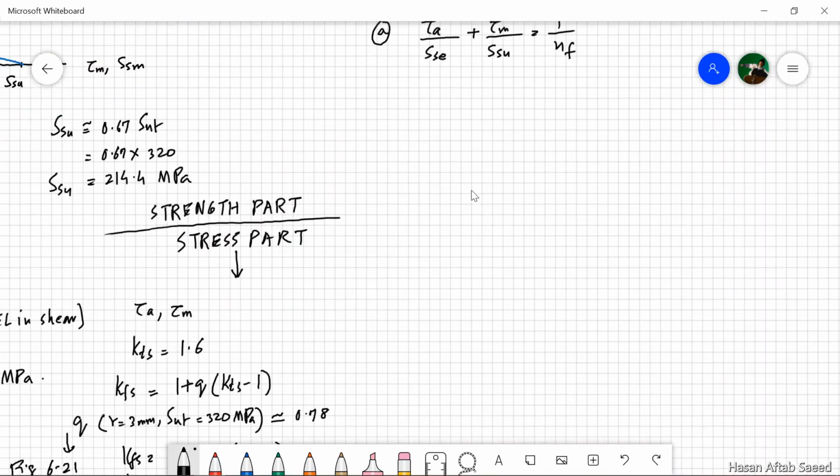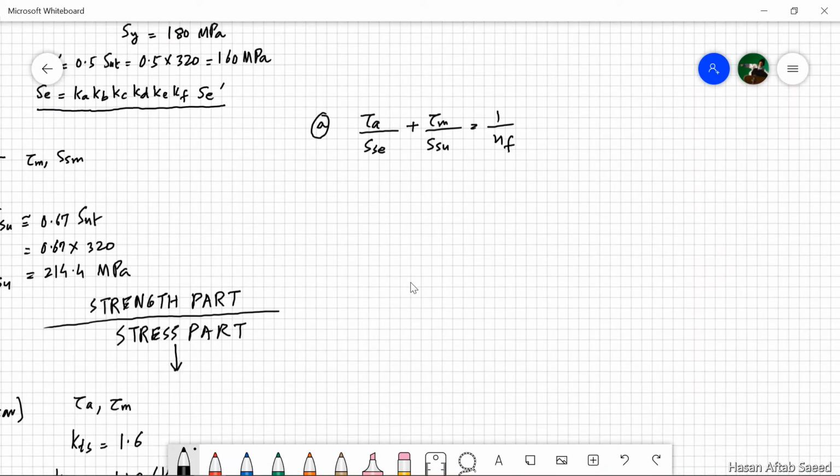So all we need to do now is plug in the values, and the problem is as good as solved. 35.10 over 78.08 plus 58.49 over 214.4 is equal to 1 over NF, and let's write modified Goodman here just to differentiate it from part B. This turns out to be 1.38.